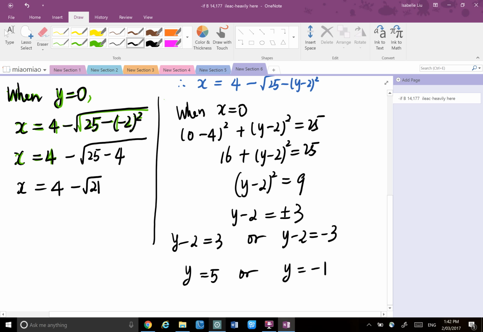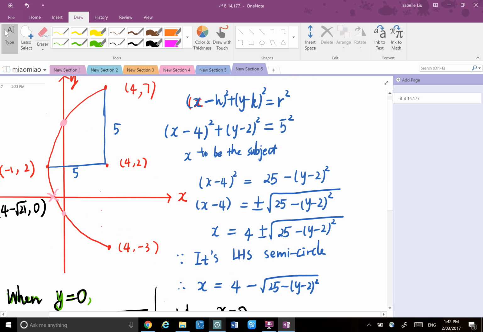Every circle-like question will solve x, y intercepts the same way. So we have 0, 5 and 0, negative 1.